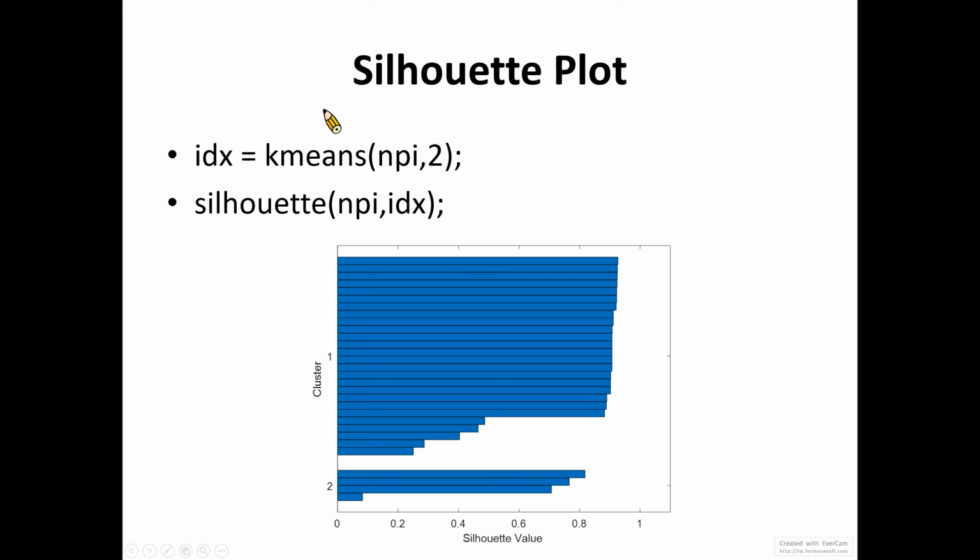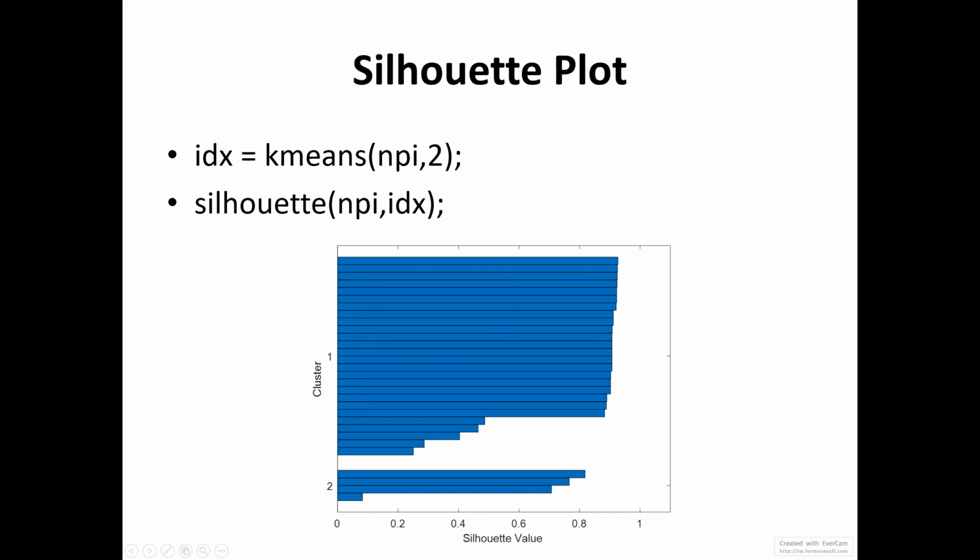So in the first line of code, I just run K-means again using the standard parameters, which is the number of clusters, two, and the data, which is MPI. The output here is IDX. This is the result of the clustering you already saw in the previous slide. So I use these results as an input to the silhouette plot.